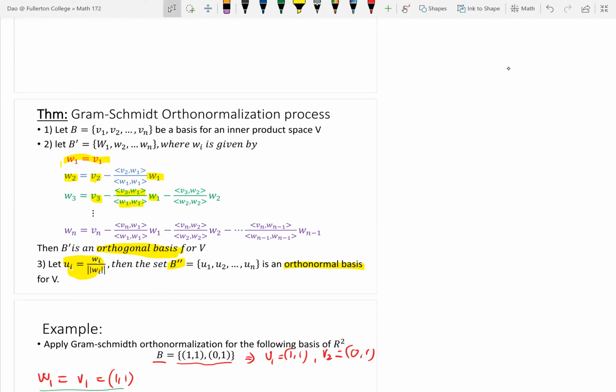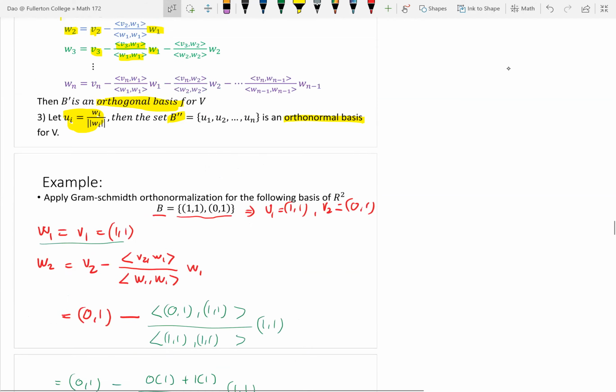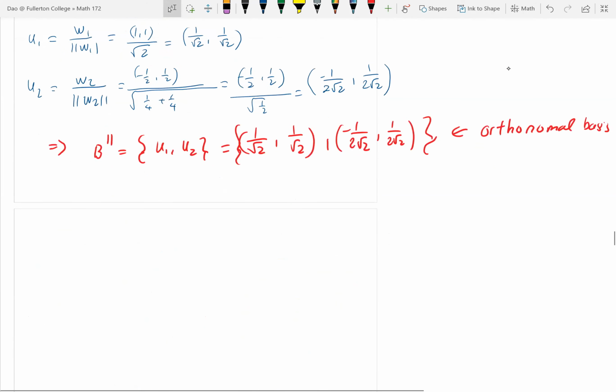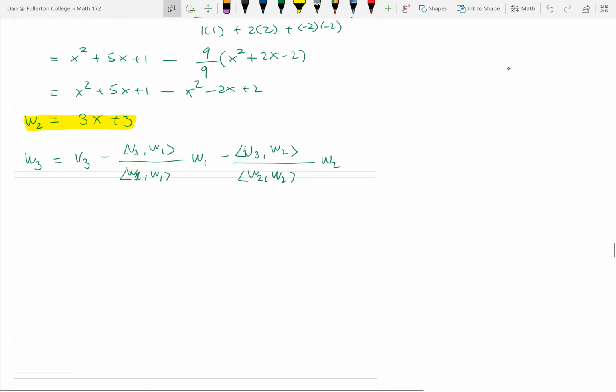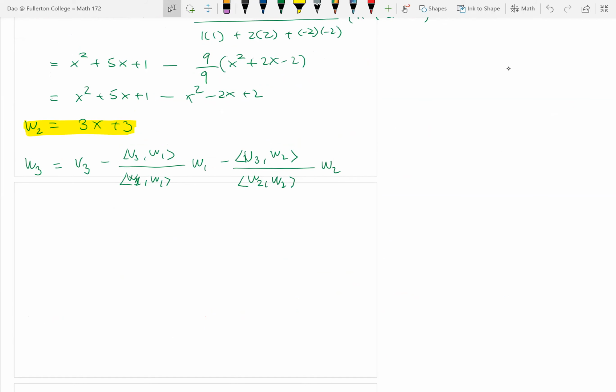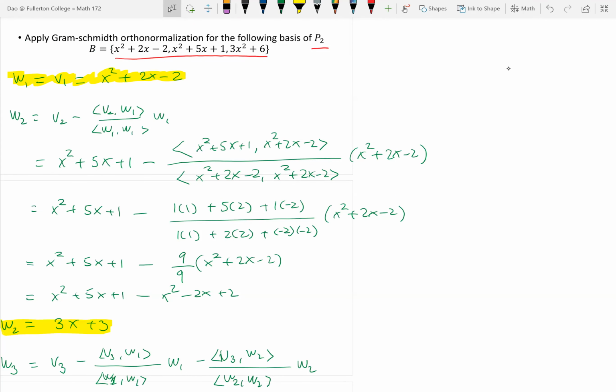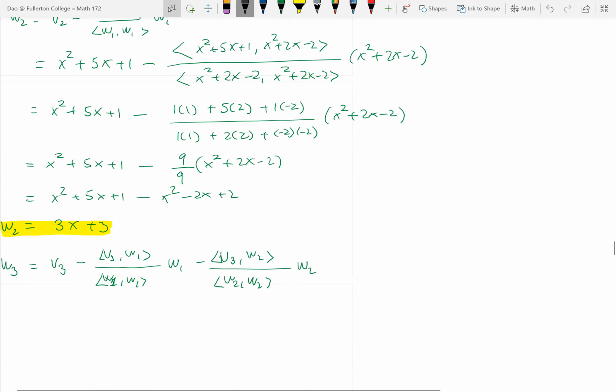So W3 equals V3 minus the inner product between V3 and W1, over W1 with W1, times W1, and minus V3 with W2 over W2 with W2, times W2, right? Directly from the formulas of each basis. And from there, you can go ahead and find V3. So V3 will be the last thing, which is 3x squared plus 6.